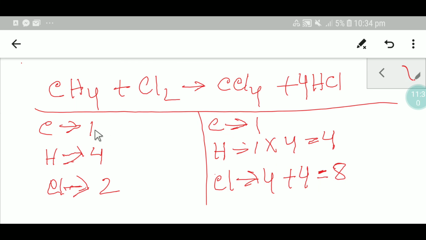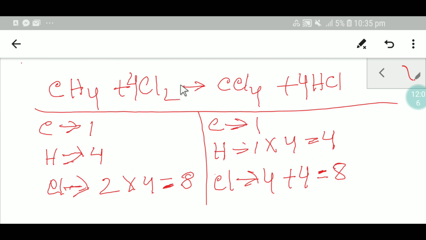Okay, so here carbon is 1, hydrogen 4, but chlorine is 2 on one side and 8 on the other, so chlorine is not balanced. To balance the chlorine, what can I do? I can multiply by 4, that gives me 8, and this 4 must come before this chlorine, so I have to place 4 here. Now you see we have 8 chlorine, 4 hydrogen, 1 carbon.